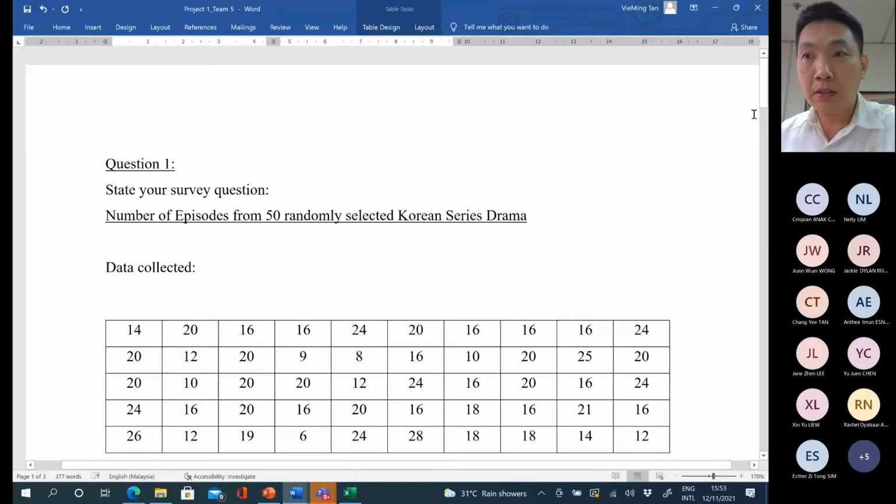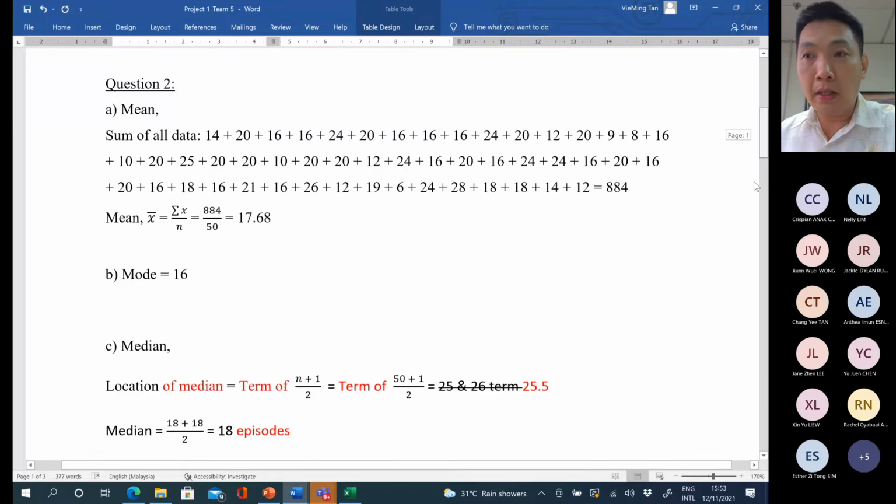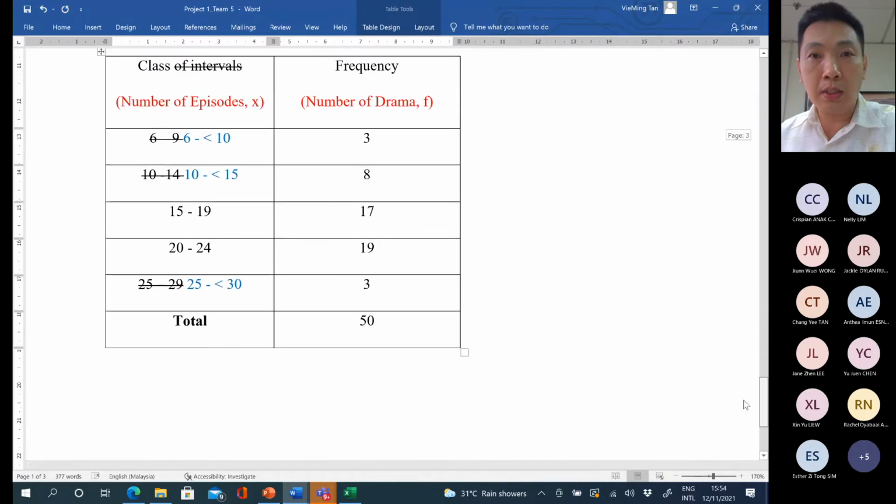In my marking, I also provide some comments like this just now. I also suggest this group to use this type of class interval, we call it boundary class, when doing the calculation for project 2.